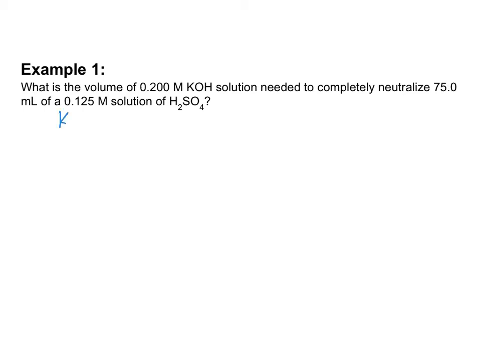I'm going to take the KOH plus the H2SO4 will react to form one of those things is going to be water, so I'm going to have HOH, and the other thing that's going to form is my ionic salt, which in this case is going to be K2SO4.